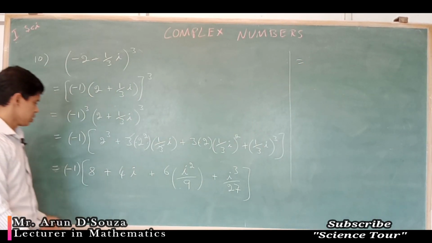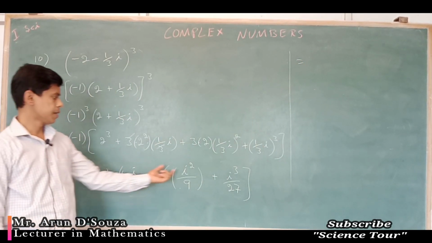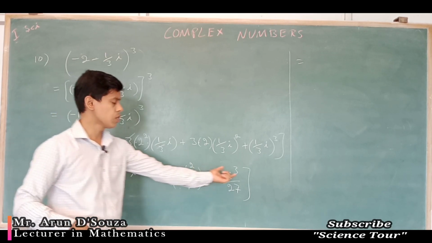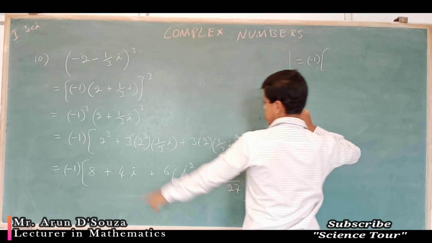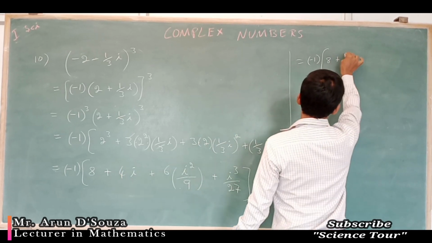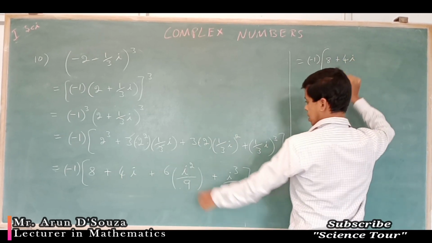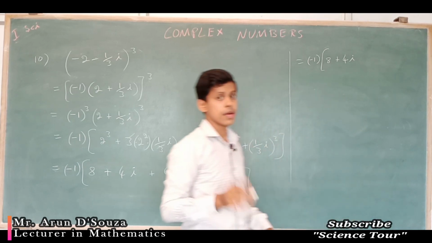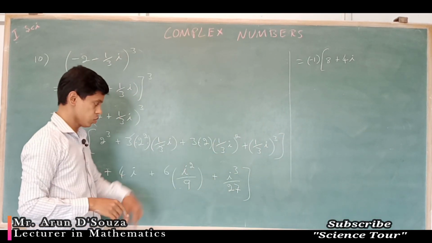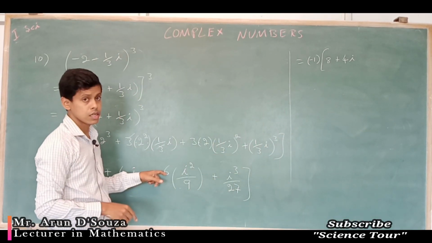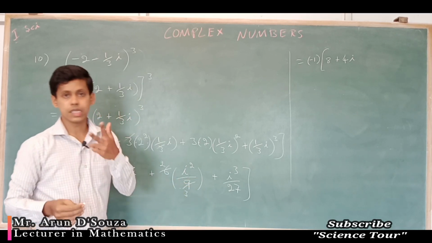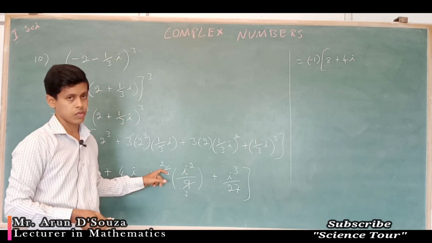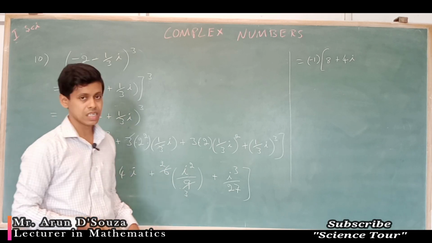Next, what you can do is replace i square and i cube. So that's what we will do in this step. So you got 8 there, and then you got 4i, and i square is minus 1. The 3 2s and 3 3s, so here 2 by 3 comes.